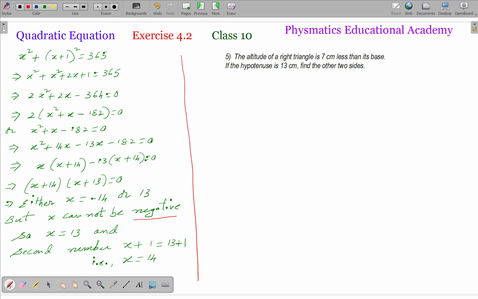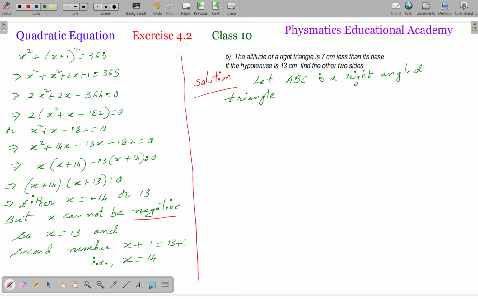The altitude of a right angle triangle. So according to the question, we draw the triangle. Solution: Let ABC be a right angled triangle.